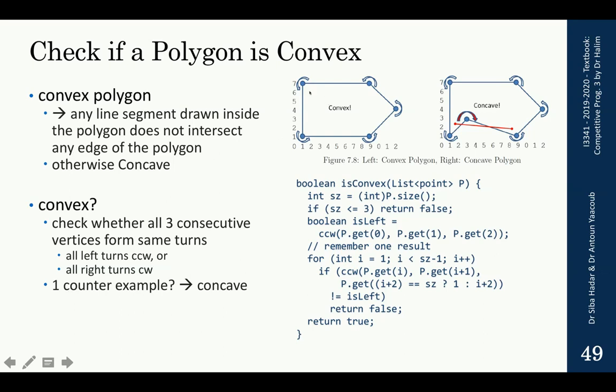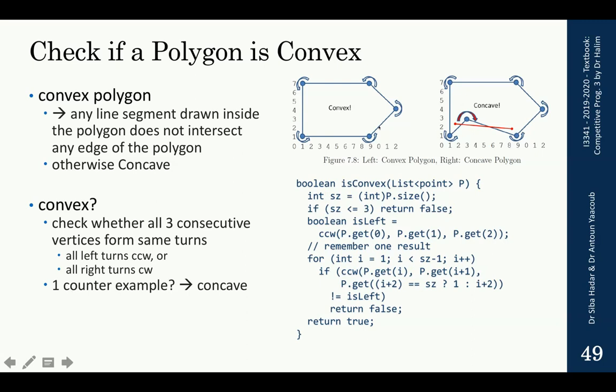So we take whatever 2 points we want inside the polygon. If we draw the line segment, this line segment must not cross any of the edges. If we find at least one line segment that crosses any of the polygon edges, this polygon, just like on the right part of this figure, is considered concave.